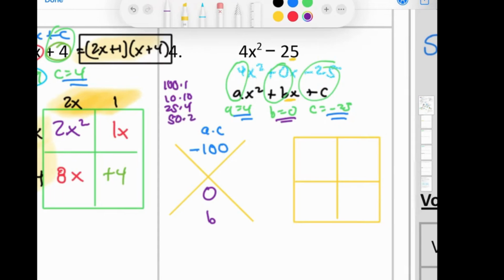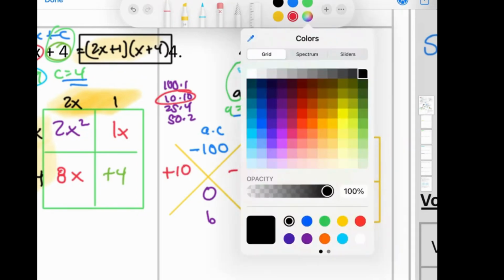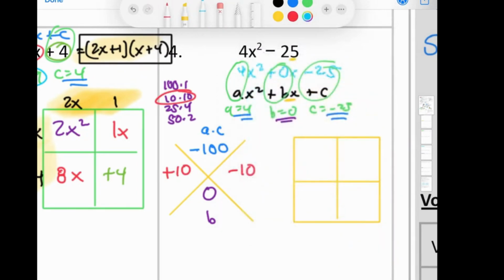Alright, which one, if I add them, will be 0? Now, to get 0, you're going to have one positive, one negative. Let's check. Positive 10 times negative 10 gives you negative 100. Positive 10 plus a negative 10 gives you 0. So that is the correct answer.